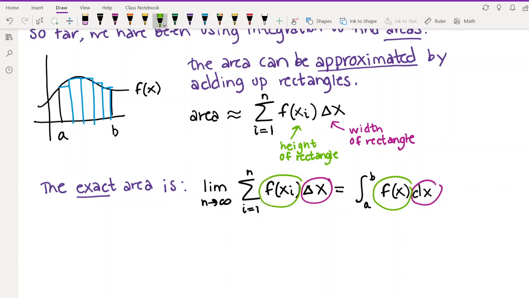Well, for each rectangle you have to find the height, and the height comes from the function. That's how you plug in an x value, and that tells you what the height is at that particular x value. And then the last piece is the integral symbol, which captures the idea of adding things up, and adding infinitely many up. So you want to think of that integral symbol as a shorthand for this limit together with the sum.